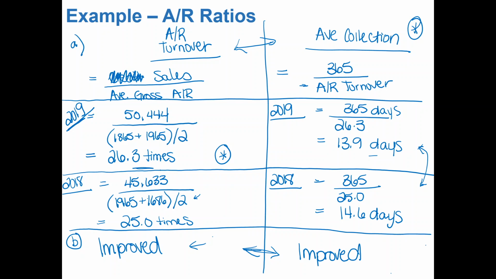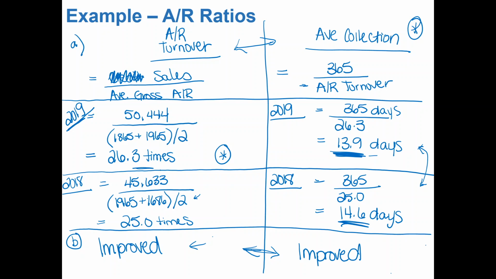Yes, because if the customers have 30 days, but Coffee Corp is able to collect in 13.9 or 14.6 days, they're collecting even faster than they're requiring their customers to pay. So that's great. They're converting their AR to cash really quickly and faster than their policy says.